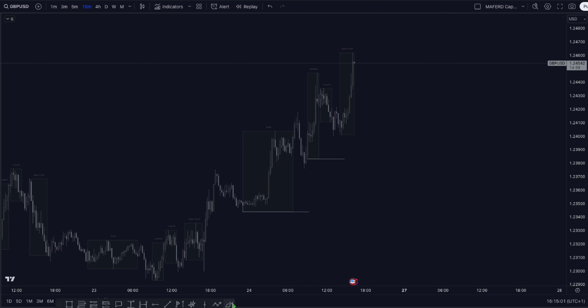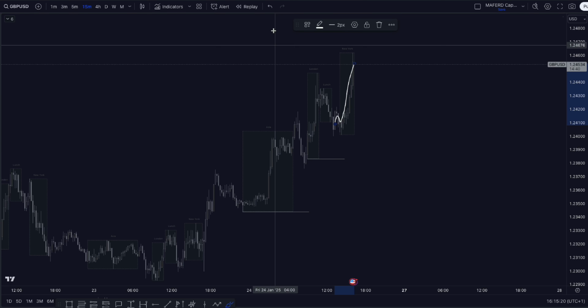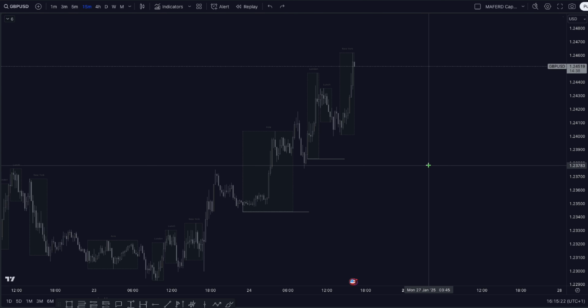For example, in this case, we have the lunch session here, the low created here, and before the start of the new session, we have the manipulation, pushed to the upside, and the price retraces into it, and then expands to the upside.